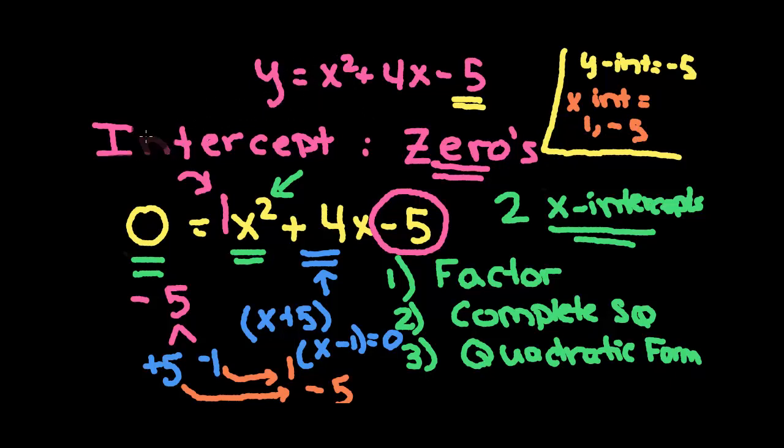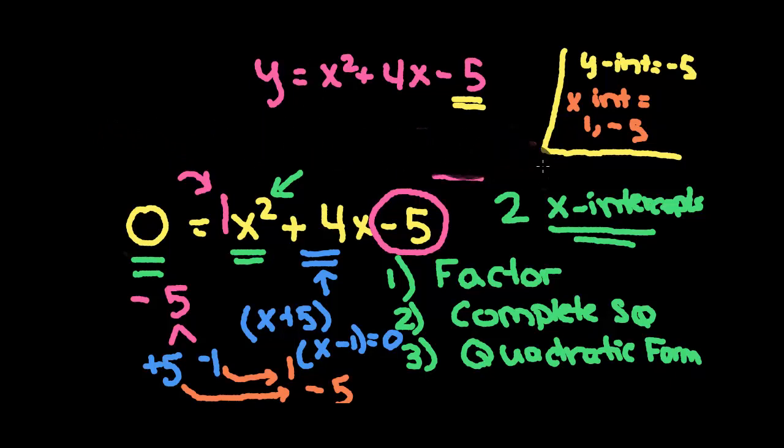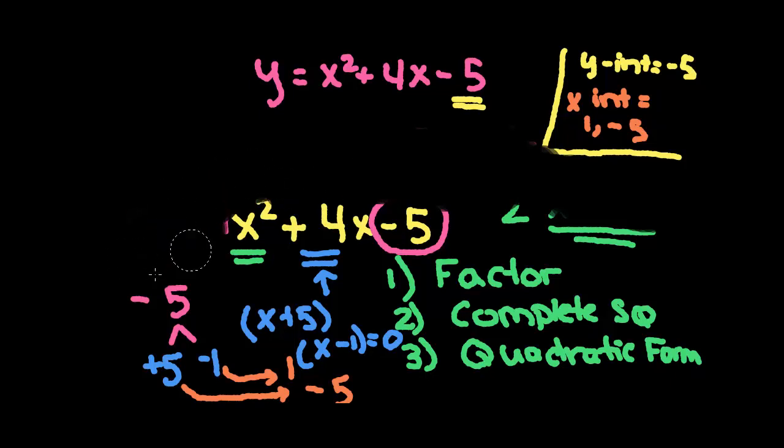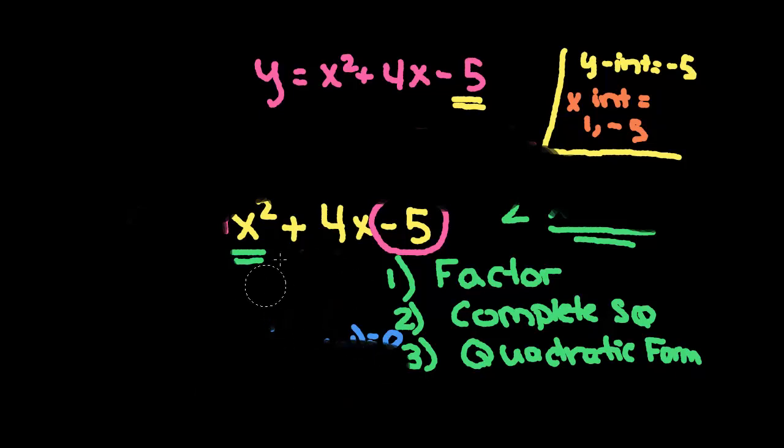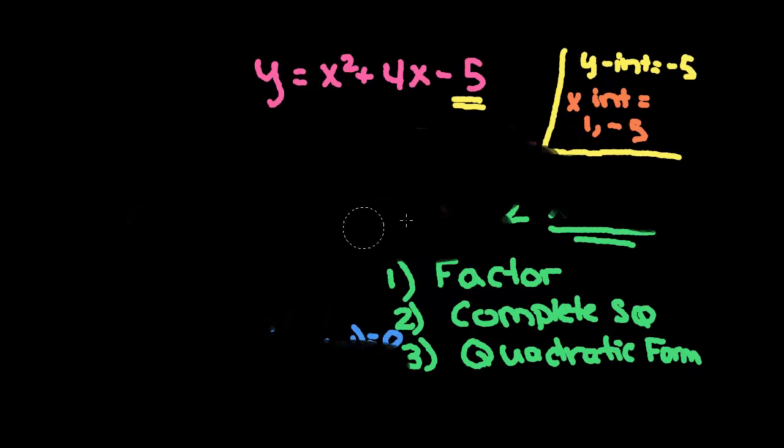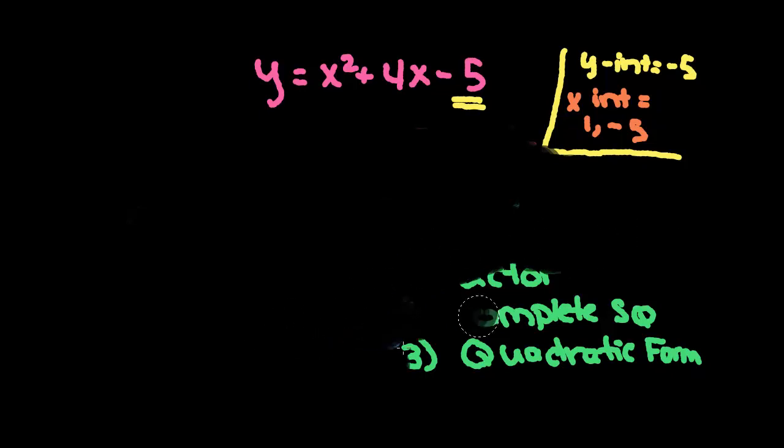So let's go ahead and erase what we have here, and we will move on to our next step. All right, we said that the other thing we need is to find a vertex.